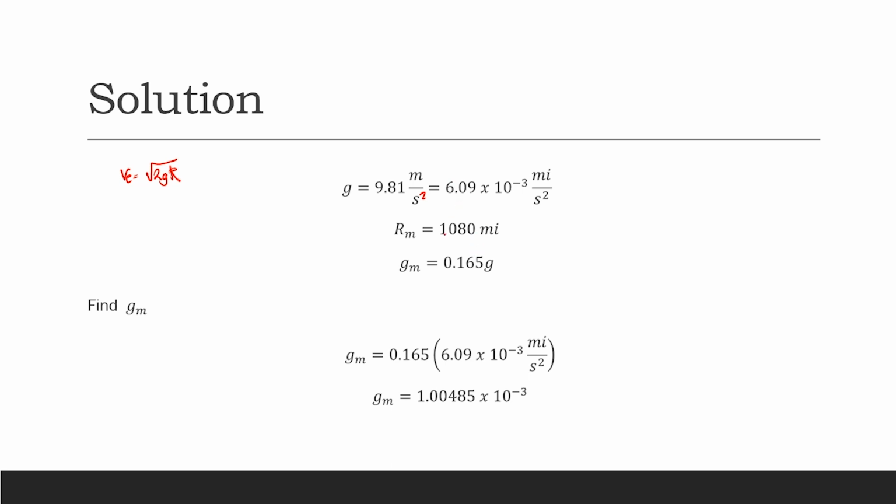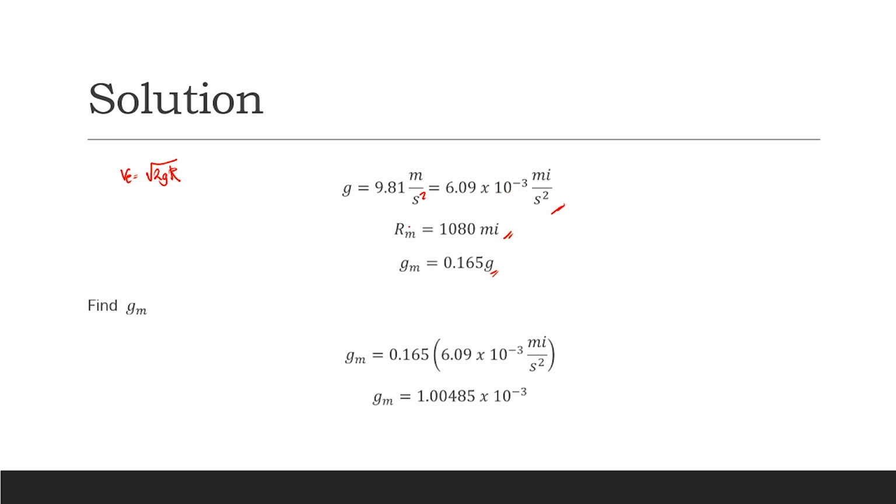So yung RM natin, given yan, that is 1080 miles. Tapos yung GM natin, RM is radius ng moon, GM is gravity ng moon. That is 0.165 daw or 16.5% ng G natin. And yung G natin class, pag in-express natin sa miles, it is 6.09 times 10 to the negative 3 miles per second squared.